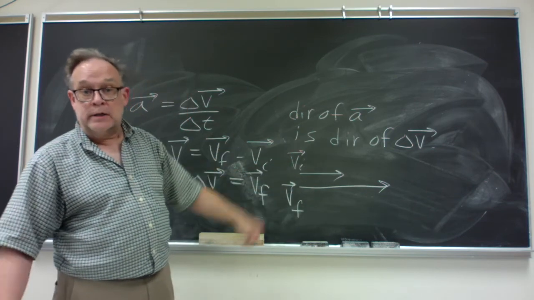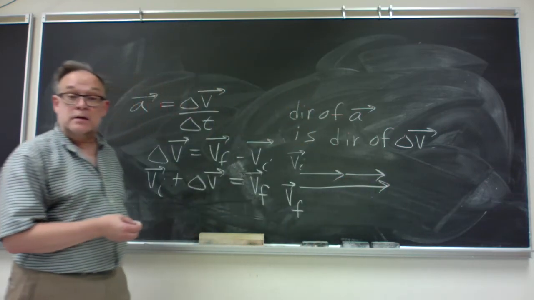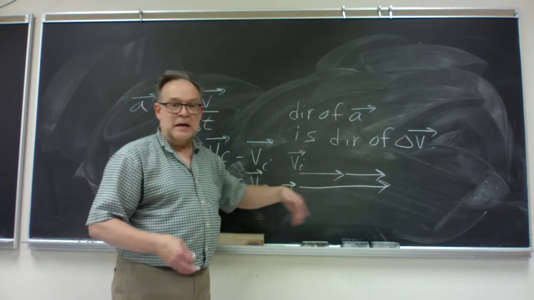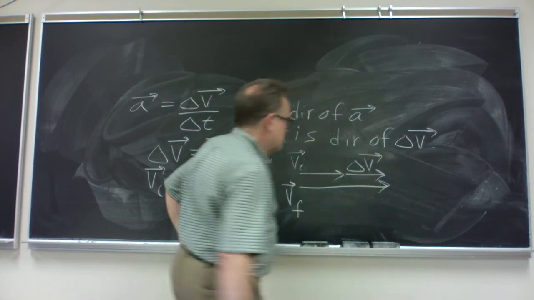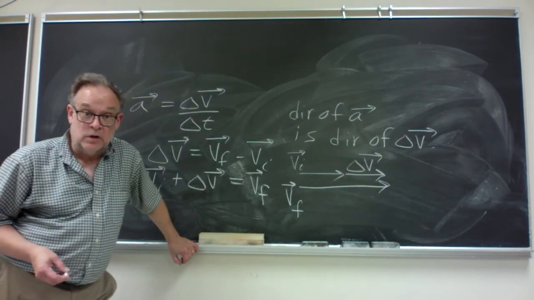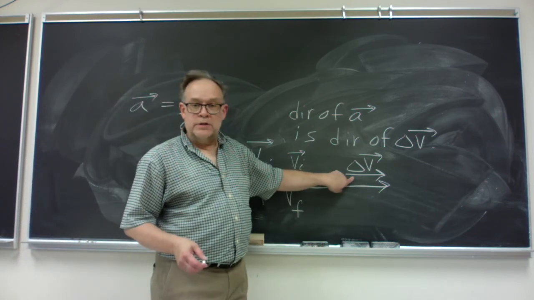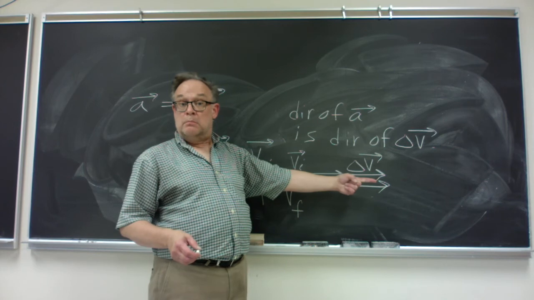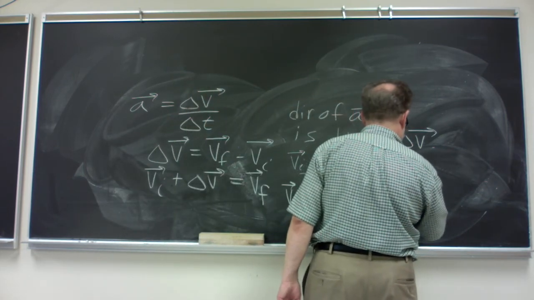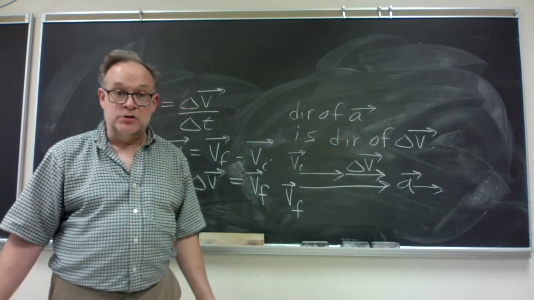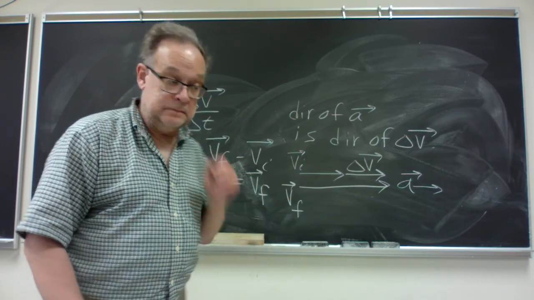And pictorially, it's easy to see. You have to add that much velocity, and that being the velocity added on. That's delta v, the velocity added on. And so if delta v points this way, acceleration points that way. Acceleration tells you the direction of the velocity that is being added on.